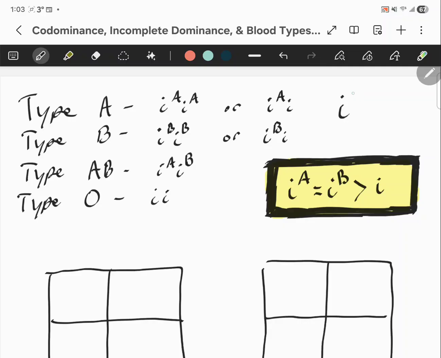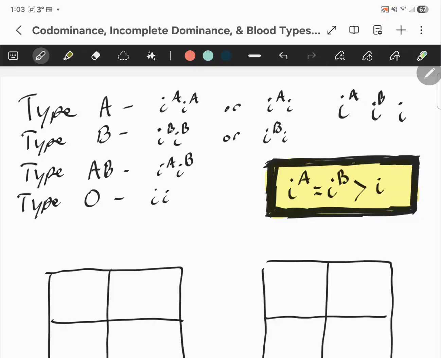But just think of it as the gene for blood type, and then the allele for blood type we're going to put in the exponent. So it could be I^A, I^B, or I with a blank, meaning O, because there's no antigen. So the thing in the exponent is the antigen or the blood type.